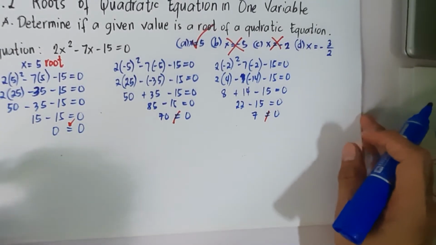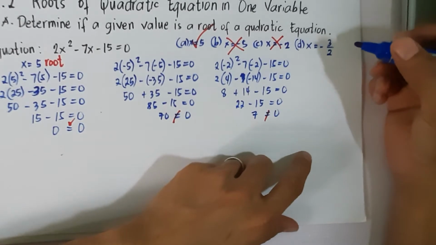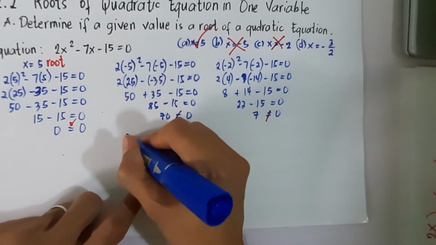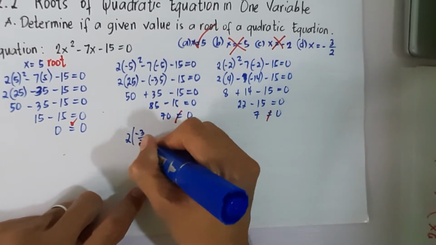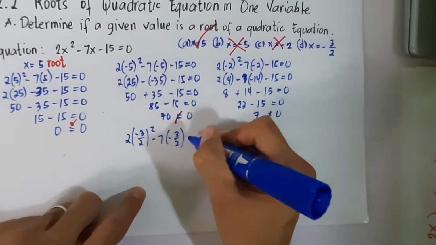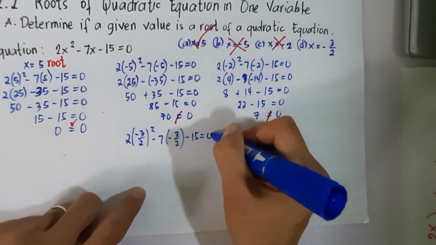And let's proceed to the last one. If x is negative 3 halves, let's do it. 2 times negative 3 halves squared minus 7 times negative 3 halves minus 15 is equal to 0.